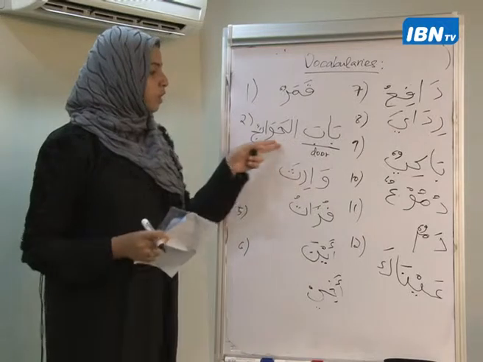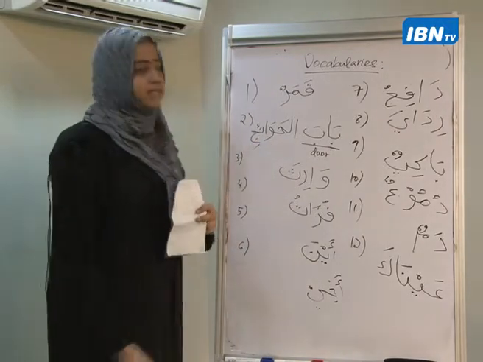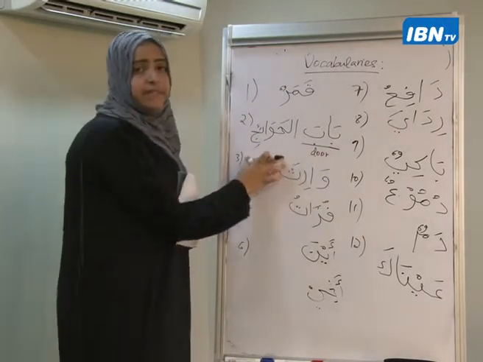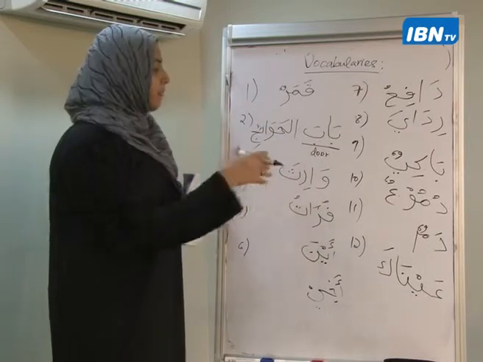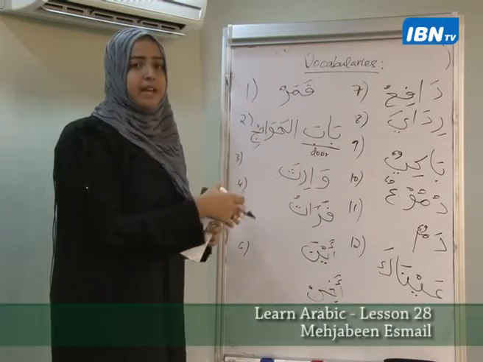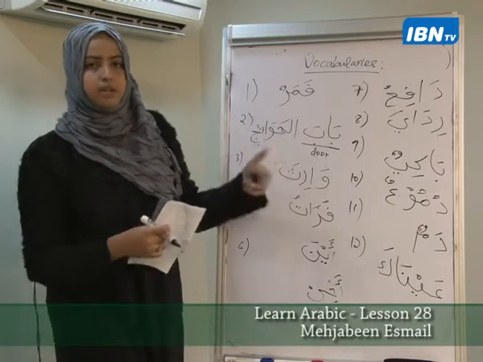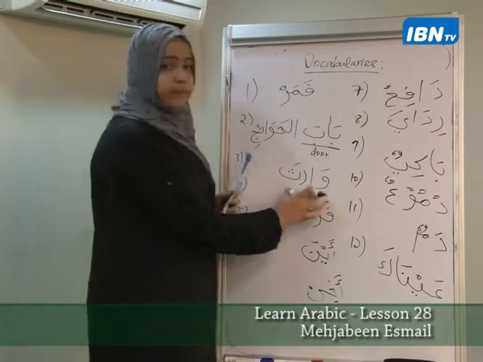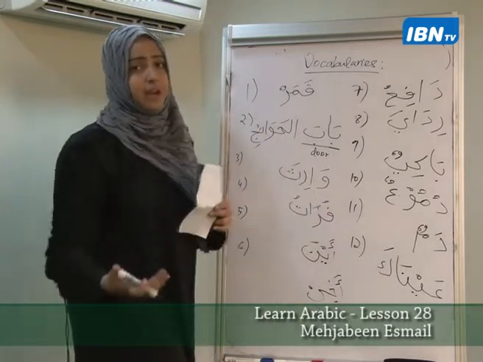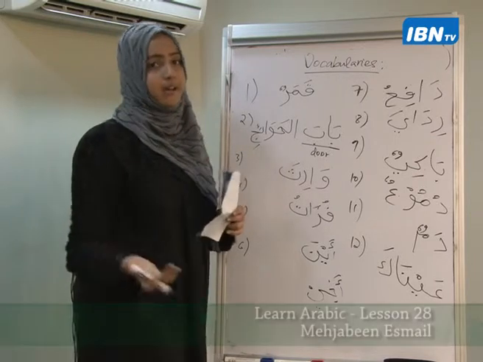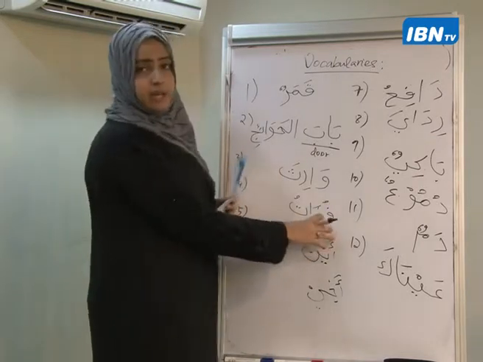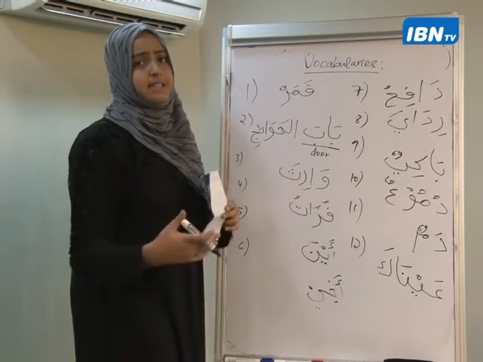Okay, so door of fulfillment of wishes. This is actually mudhaf ilay, the possession. We'll be doing this mudhaf ilay possession in our following sessions. Then we have warith. Warith means heir, the one who inherits. Warith means heir. Then we have furat. Furat is the river.